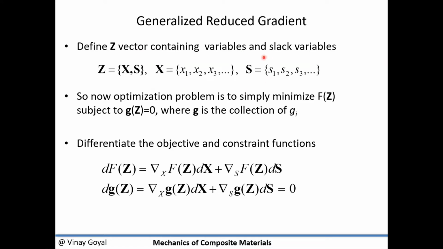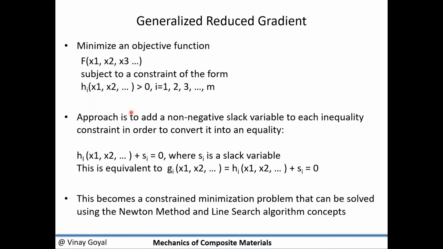I'm going to take these variables and put them into a single vector Z. Now the optimization problem is to minimize the function f relative to z, subject to a set of constraints that I have defined already through here. And again, these are inequalities plus the slack variable that are non-negative.